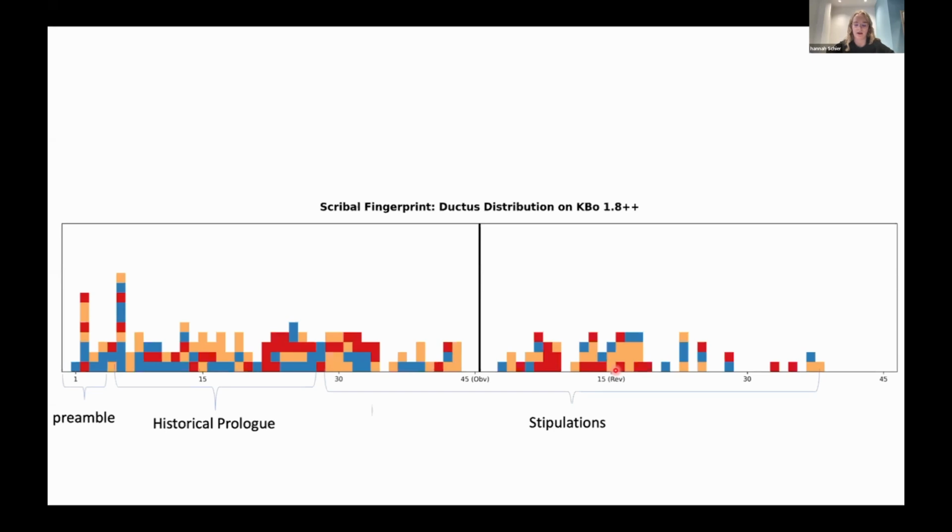The section labels, preamble, historical prologue, and stipulations give us the textual coordinates. The blue boxes are the Hittite, the orange are the ambivalent signs, and red the Assyro-Mitannian. I used all of the signs which could be sorted into one category for certain, and a few uncertain and ambivalent signs to show the distribution more clearly and to also visualize the problems we face when examining this data due to the amount of signs we can't surely sort into one category.